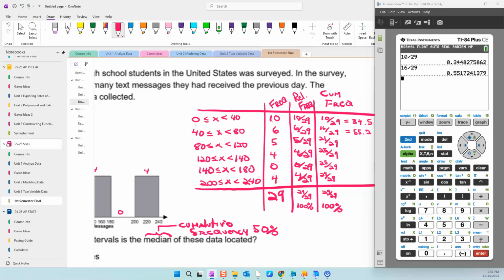So what that tells you is that the median is going to be inside of this interval. Because that interval holds up to 50. At the end of this interval, you're through 50 and a half, 55% of the data, which means the median falls in this interval.